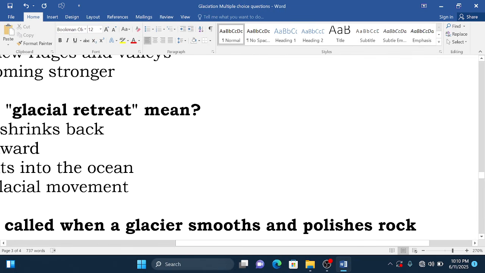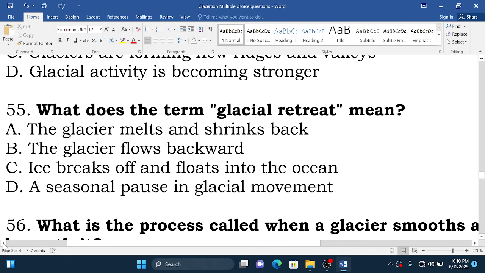C, glacier ice breaks off and floats into the ocean. D, a seasonal pause in glacial movement. So the correct answer is A, because glacial retreat means the glacier melts and shrinks back.